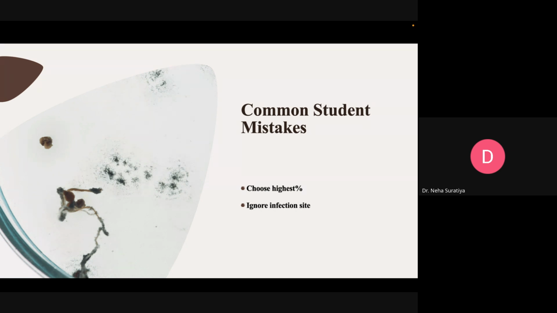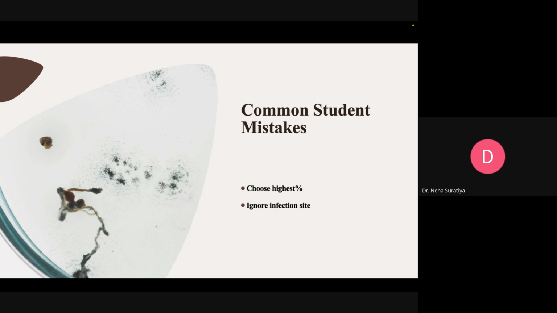They ignore three other factors: breakpoint, infection site, and patient-related factors. This is the student mindset I am sharing, to compare with how experts read an antibiogram. At student level, we choose based on the highest percentage chance of killing the bacteria, and we are not considering the infection site, patient-related factors, and the breakpoints.